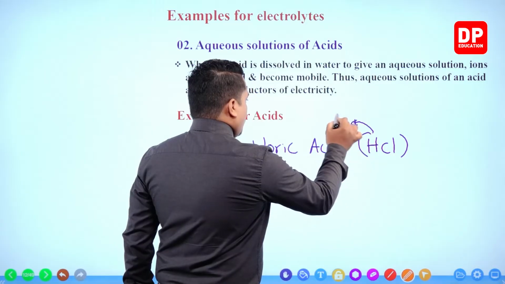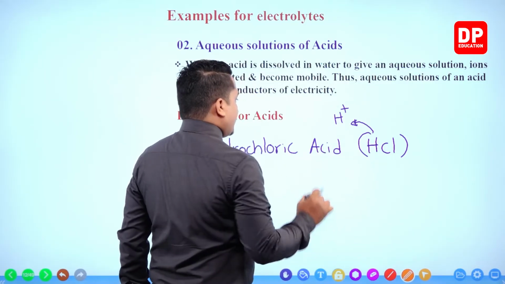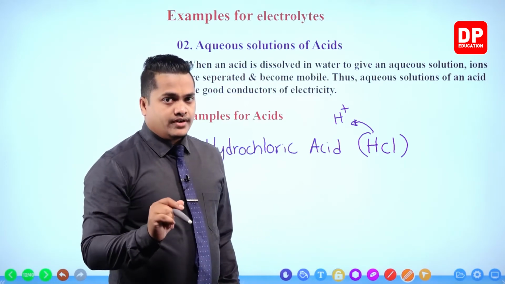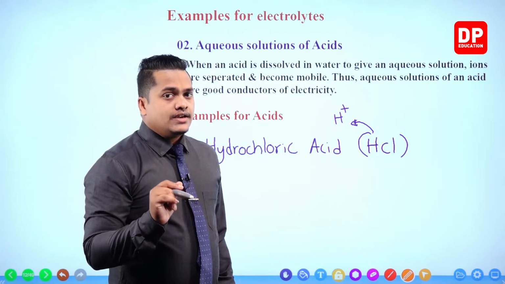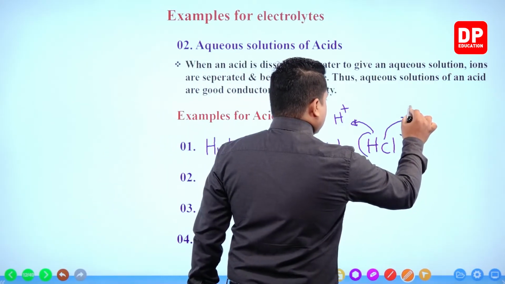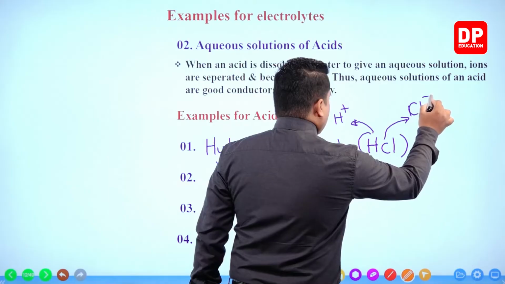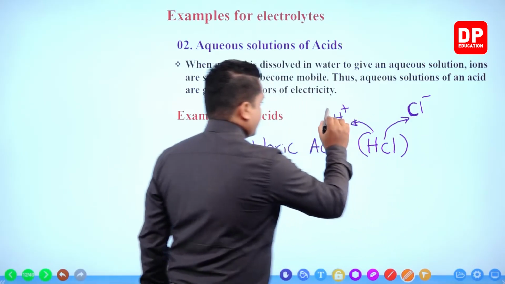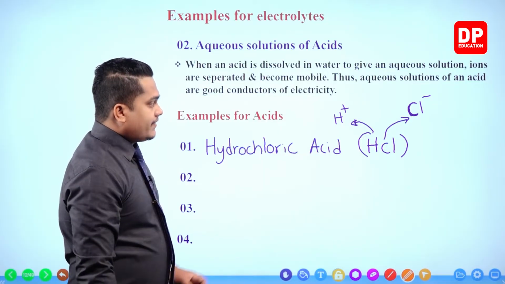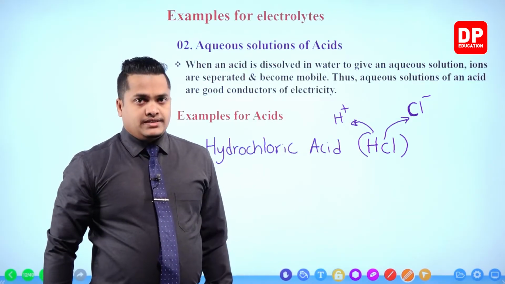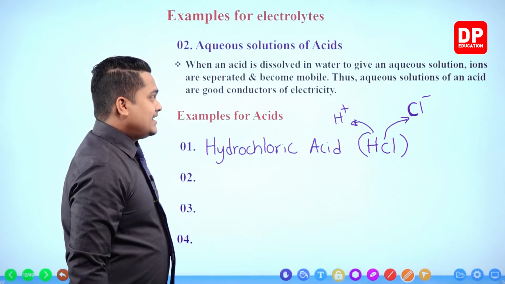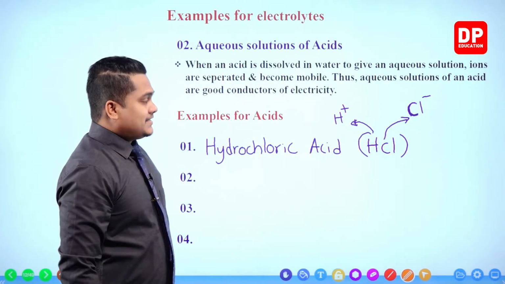When acids are getting dissolved within water, ions are getting separated as hydrogen plus. Hydrogen is the one which is getting separated as plus, and the relevant other one is getting into minus. This is how ions are getting separated within an acid.